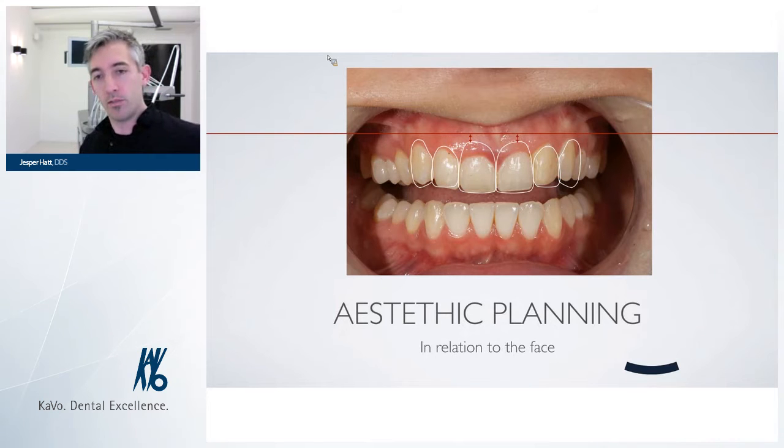So here, because we know that the horizontal line is aligned with the face, we can start to plan the whole treatment from this. And here we're going to remove some soft tissue and add some length to some of the other teeth, ideally.